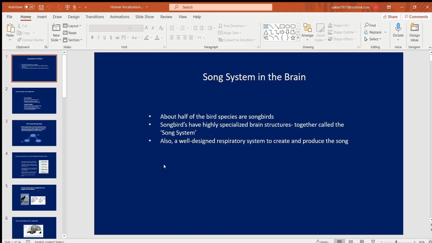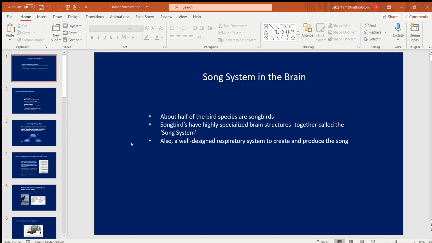Okay, so we'll see what the important discrete areas are, how they are connected, and their important functions. A lot of research is being done on the songbirds' brain, and still a lot of things are not clear. However, we already know a lot of important things about the brain of a songbird.